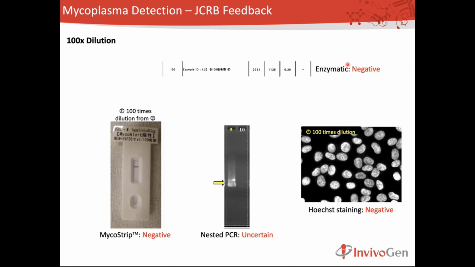After another tenfold dilution, of course, the enzymatic assay failed. MycoStrip, we could no longer detect it. Hoechst staining, negative. PCR, uncertain. They have done it twice, and one was positive and one negative. So we're not sure. Although we know there was mycoplasma in the sample, if it is a blind test, with one positive and one negative, we cannot be sure. We may have to do an extra test. So this is uncertain.